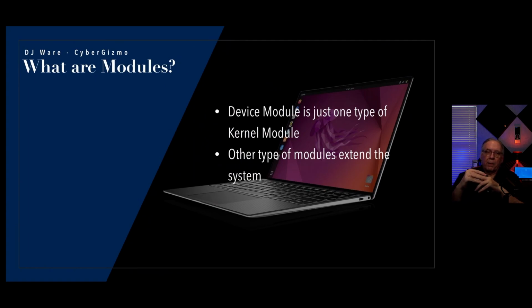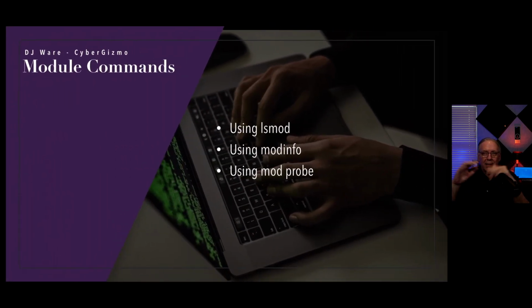Those can also be added as loadable modules. There's also things like KVM, which is your virtualization. Those get loaded in as modules as well. There are some modules that are subsets of KVM, like one for Intel, one for ARM. So there are all kinds of different things, but basically think of a module as a way to extend the functionality of the system. That's the best way to look at it. It's not just device drivers. I'm just using that as an example.